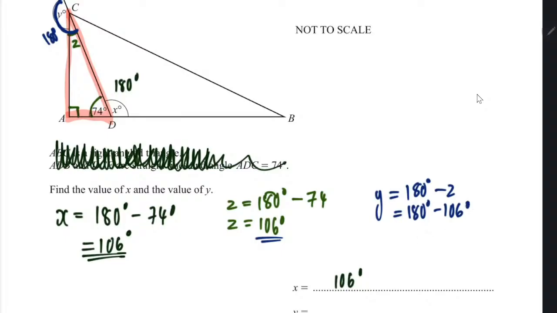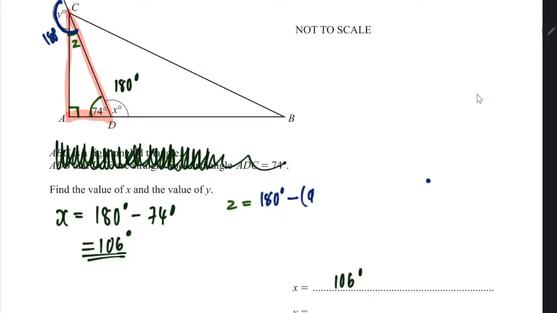How can z be 106? Sorry, for z we didn't do it correctly. We were supposed to say 180 minus 90 and 74 because there is a right angle which is 90 degrees. So it's 180 minus 90 and 74 together. You're subtracting the two of them, so you find z.